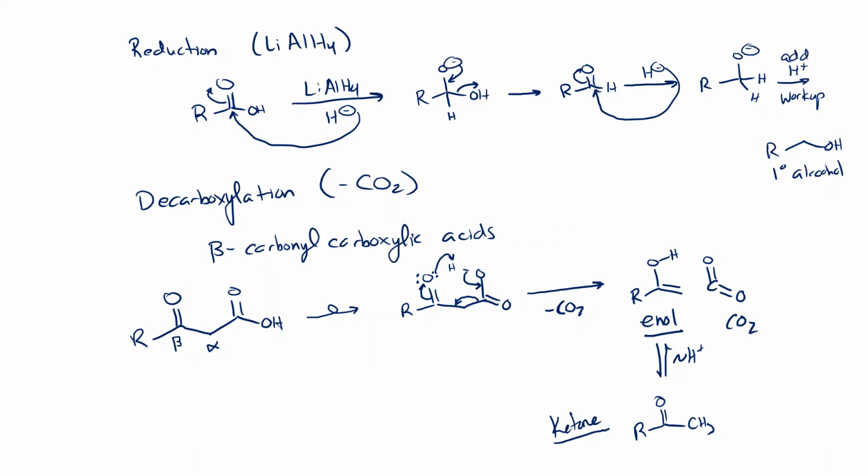One important point that I do want to make about decarboxylation here, and this video is already getting long, but this is the last thing I swear, is that if you have a compound that is not a beta carbonyl carboxylic acid, so if you have something like this, and you heat it up, you do not lose CO2.